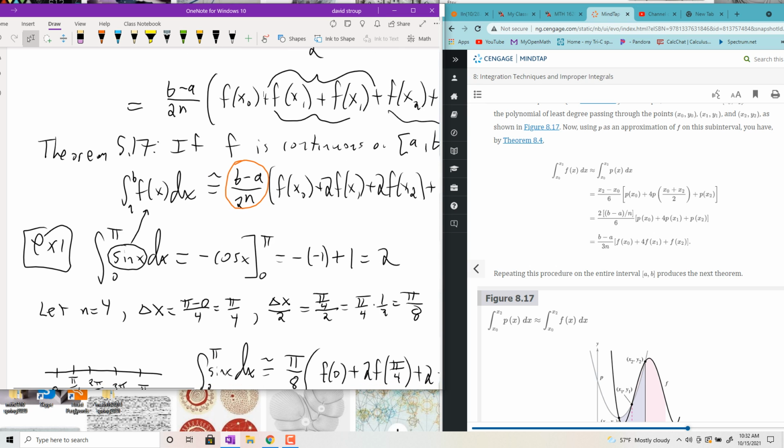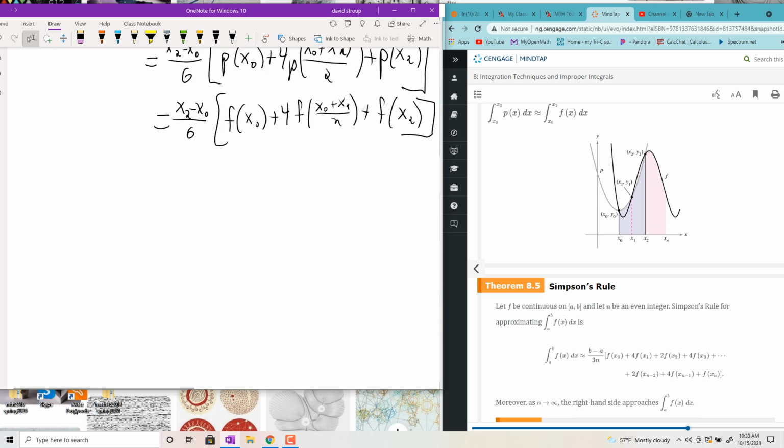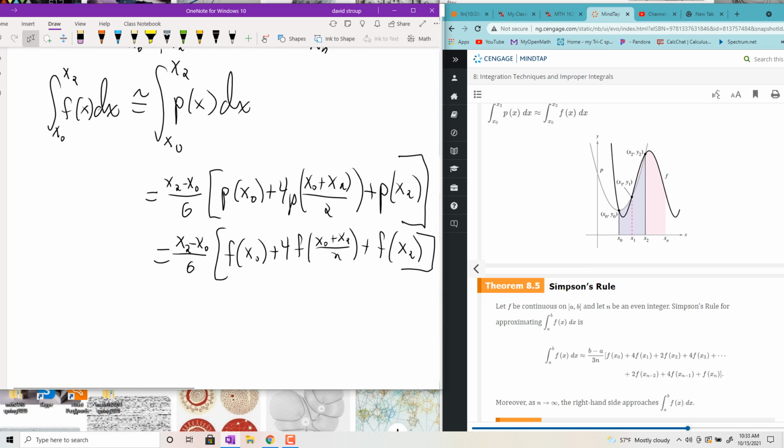In particular, when you add them together, there's going to be an f of x2 right here, and then your next expression would be f of x sub 2 plus 4 f of x sub 2 plus x sub 4 all over 2 plus f of x sub 4, and then you would get the bunching happening on this f of x sub 2, f of x sub 2.